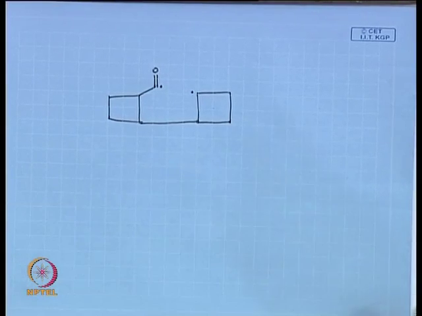We have 3 processes, because we know it is a cyclopentanone system. Can we think about radical recombination? Can you make a strained ring again? That is not possible. Then alpha cleavage.